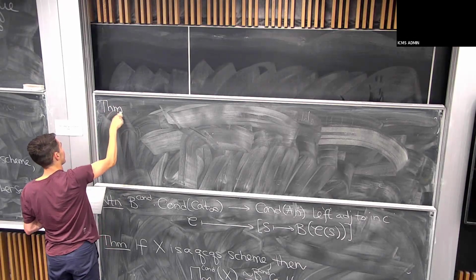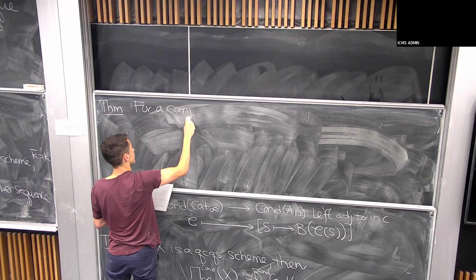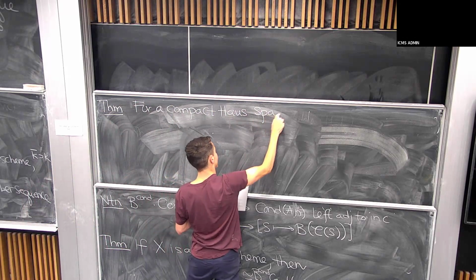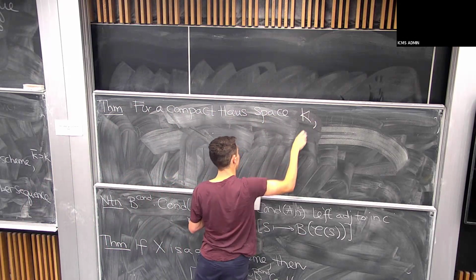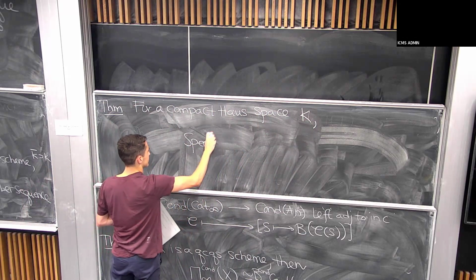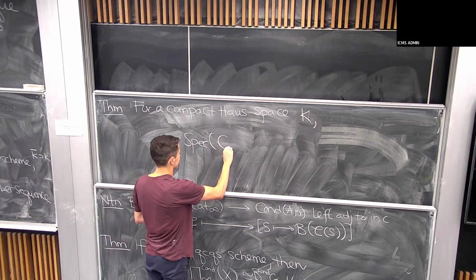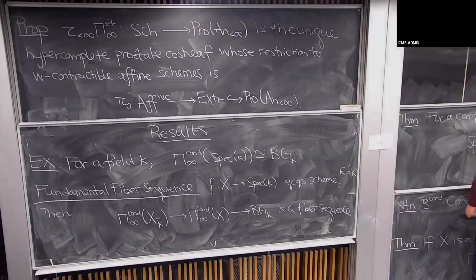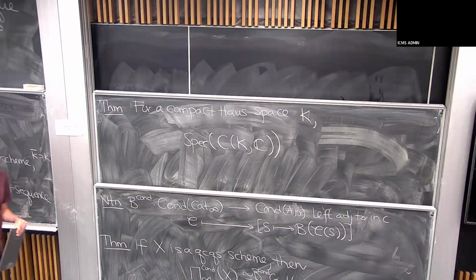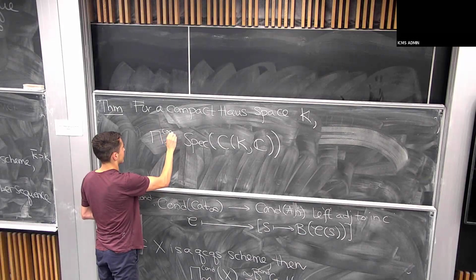Here's the theorem. So for a compact Hausdorff space K, I can port this compact Hausdorff space into the world of algebraic geometry by looking at continuous functions from K to the complex numbers and taking its spectrum. Now that's an enormous ring. What happens if I take the condensed homotopy type of it?